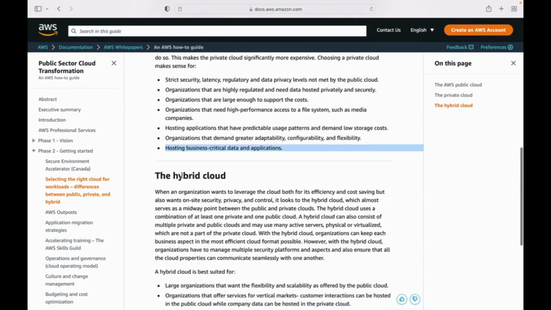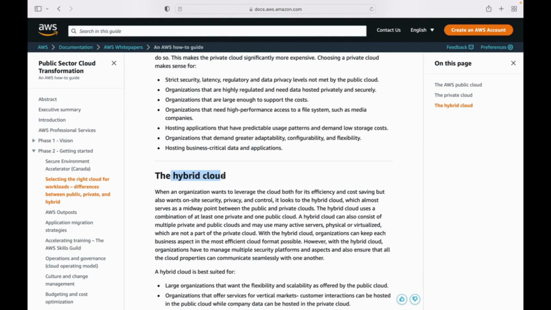Let's talk about the hybrid. The term hybrid itself indicates that it's a combination of two things. In terms of cloud computing, it's a combination of public cloud and private cloud. Whenever an organization wants to leverage the cloud for both efficiency and cost saving, but also wants security, privacy, and control, it looks for hybrid cloud.